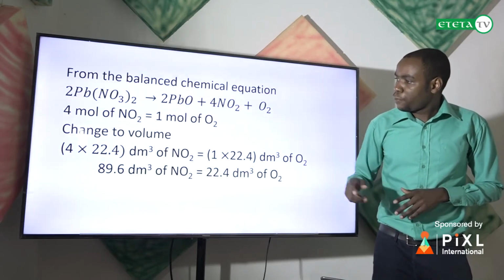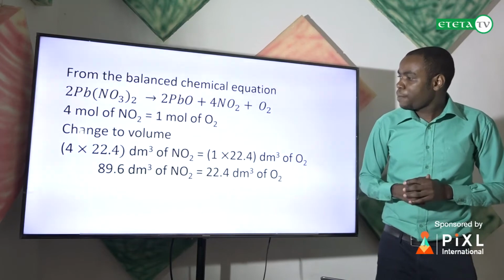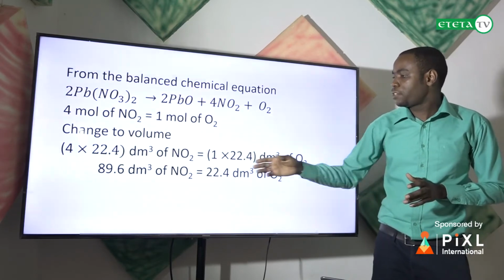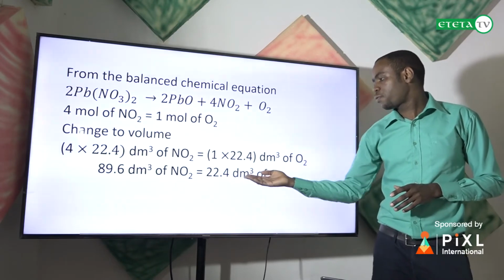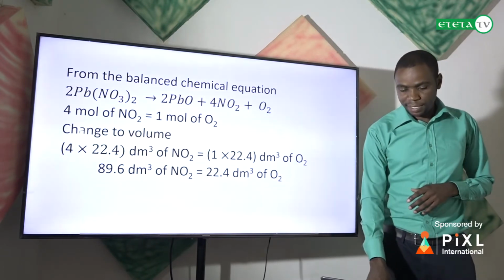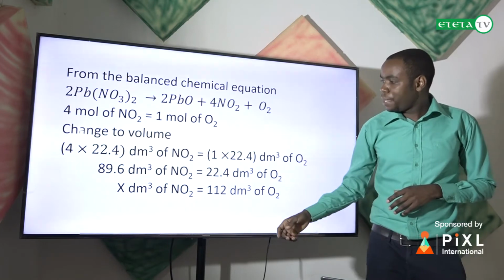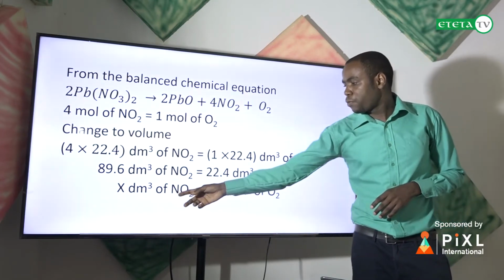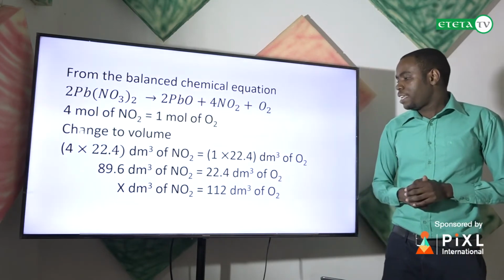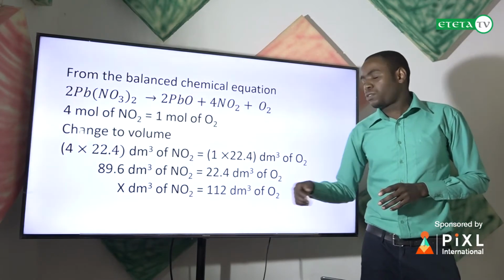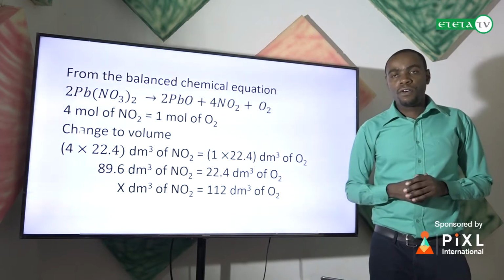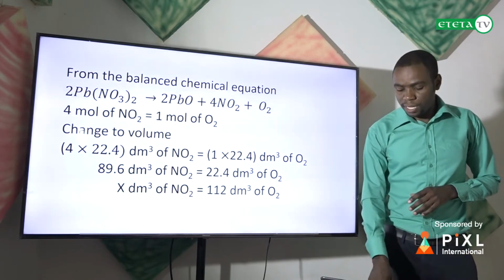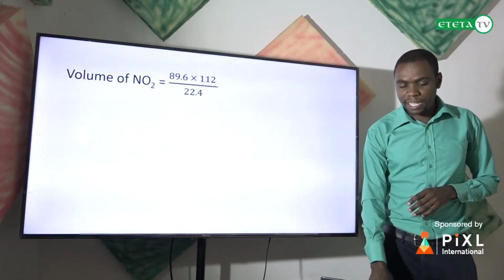So, if 89.6 decimeter cube of nitrogen dioxide gas is equivalent to 22.4 decimeter cube of oxygen gas. Now, how much volume of nitrogen dioxide is equivalent to 112 decimeter cube of oxygen? Here we are going to use cross multiplication, and it will be like this one.